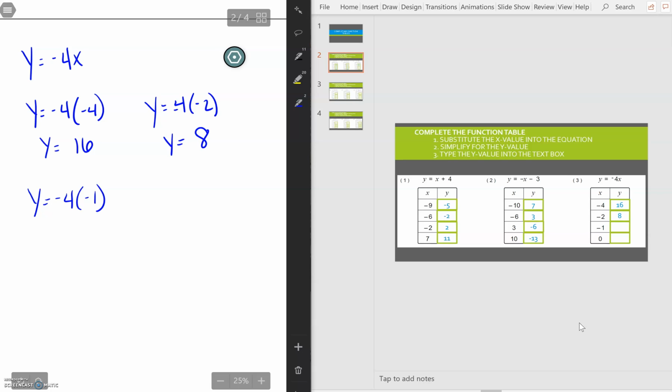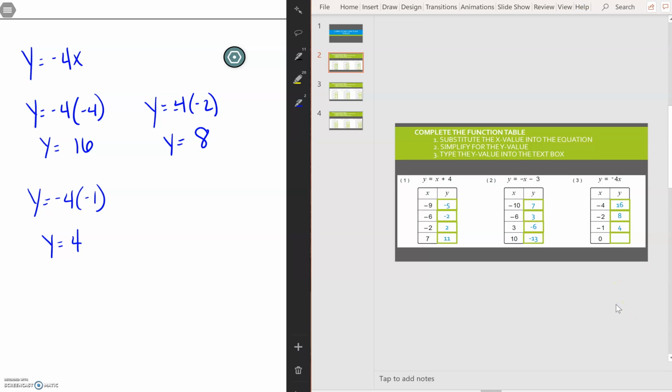Next, what is our y value when x equals negative 1? We're going to take negative 4 times negative 1, and we get a positive 4. So when our x value is negative 1, our y value is positive 4.